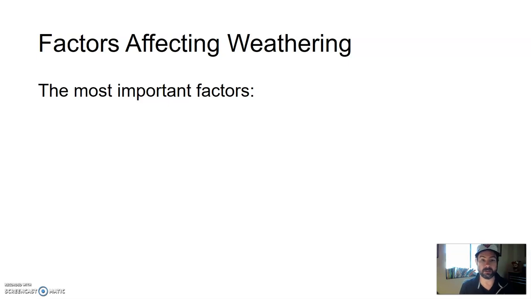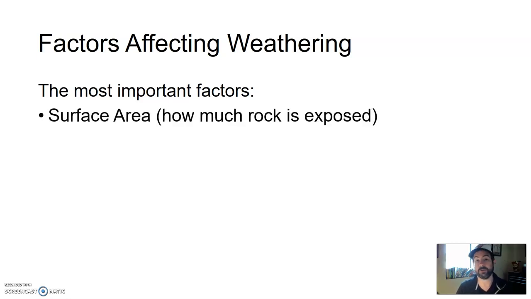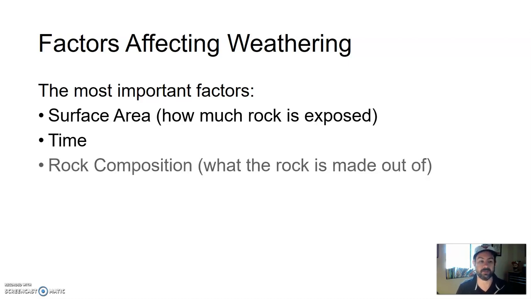So there are some factors that are affecting weathering. The most important factors affect how fast it occurs, the type that occurs, etc. So surface area: how much of the rock is exposed? If only a little bit is exposed, only a little bit will weather and break down. The more that's exposed, the more it can break down. Time: how long has this weathering process been eating away at this rock?